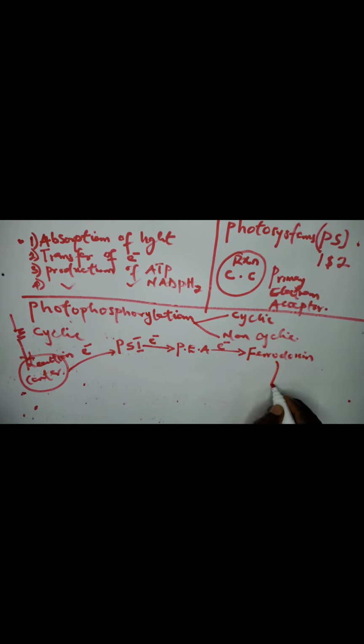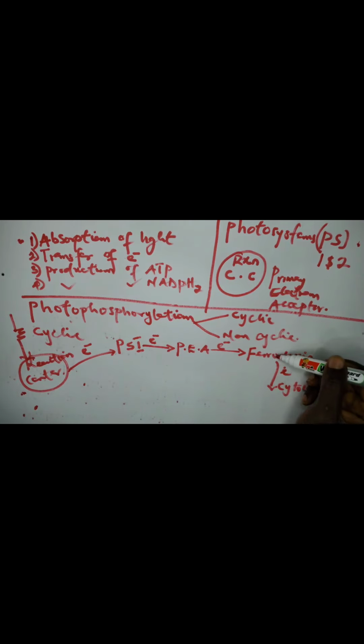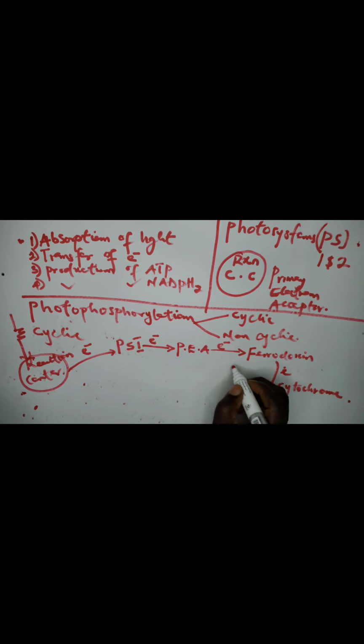Then from the ferredoxin, they are passed down to the cytochrome. In the process of going from ferredoxin to cytochrome, that is when we have the conversion of ADP to ATP.